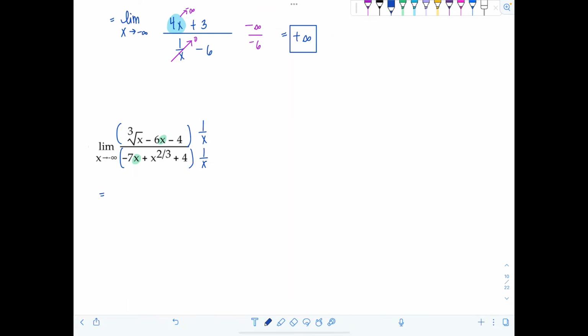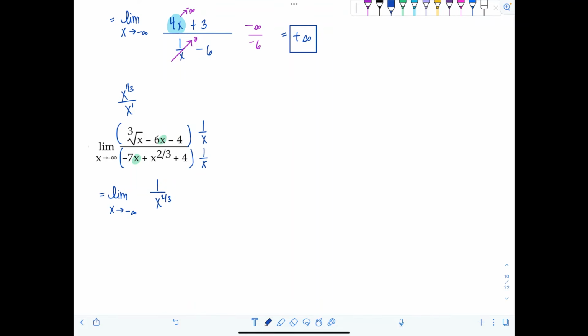Okay, good. Let's see if you can simplify this one on your own. So limit x goes to negative infinity. Why don't you pause the video, distribute 1 over x through, and simplify, okay? Good. How'd you do? So you've got, for this first term, cube root of x is x to the 1/3 over x to the first. That's going to be 1 over x to the 2/3.